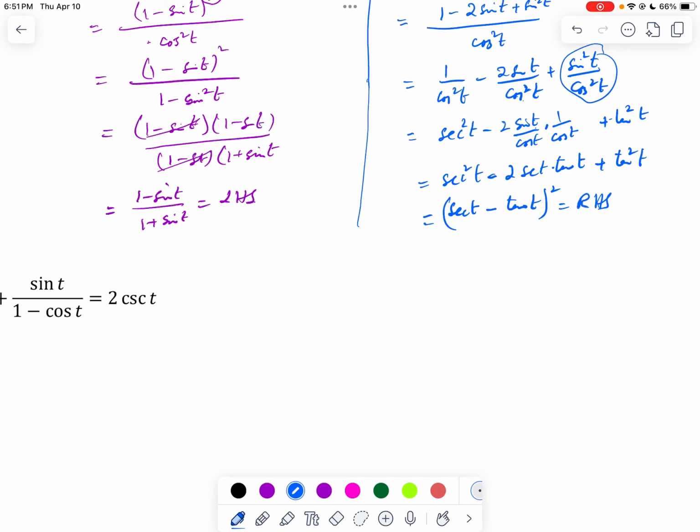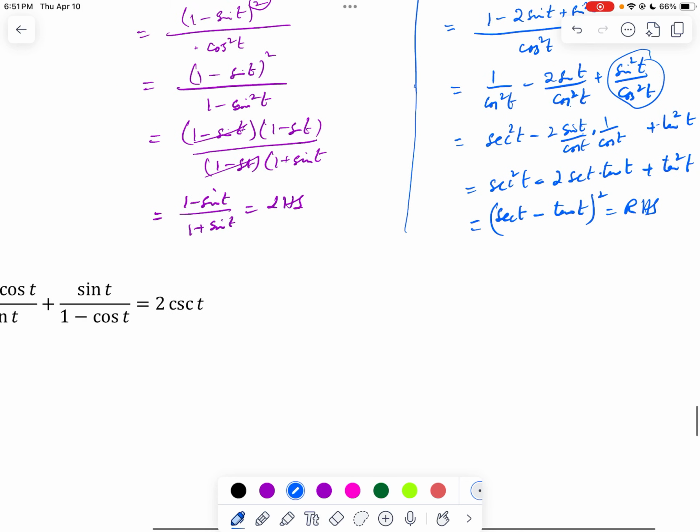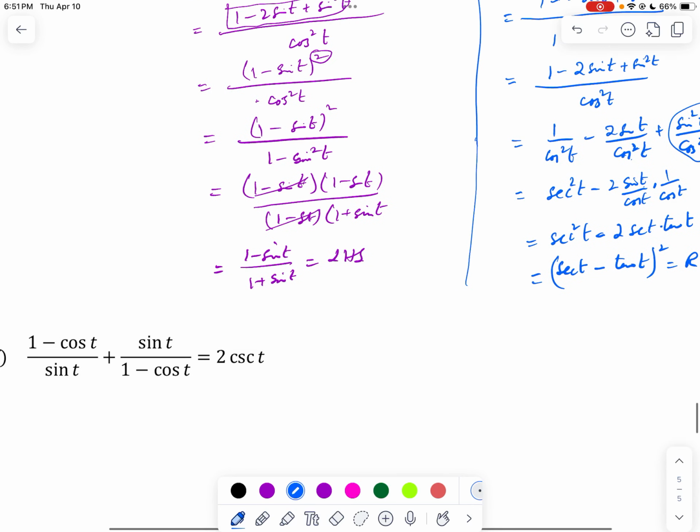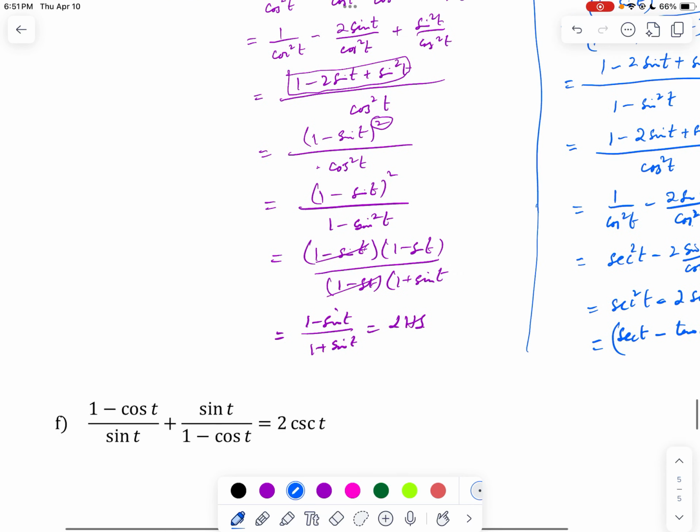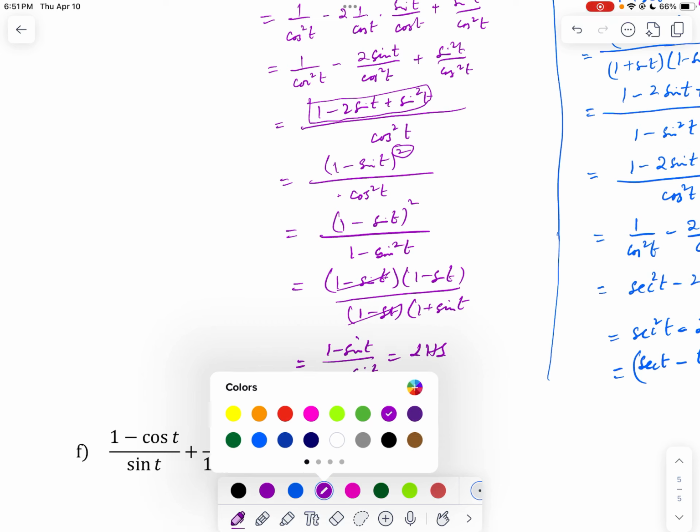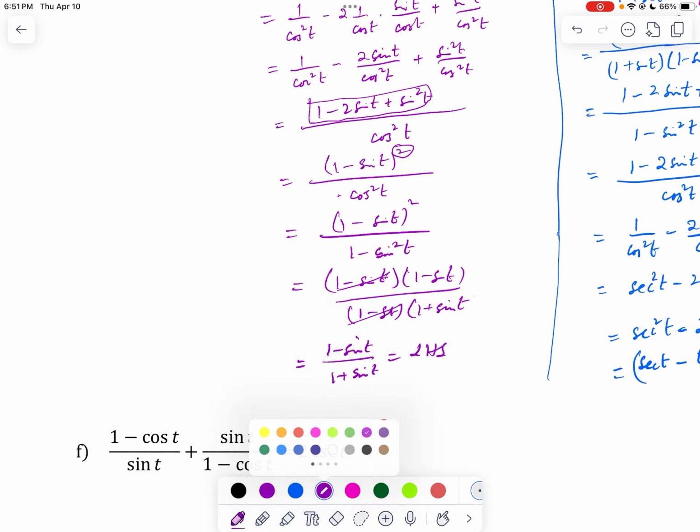Note that in verifying these identities, our main goal is to use the known identities or known results that we have, and then use them to get to the side we want to go. So we have to keep our target in view.